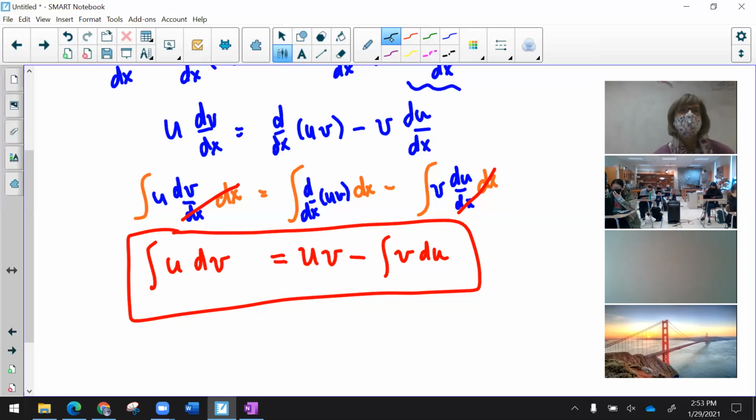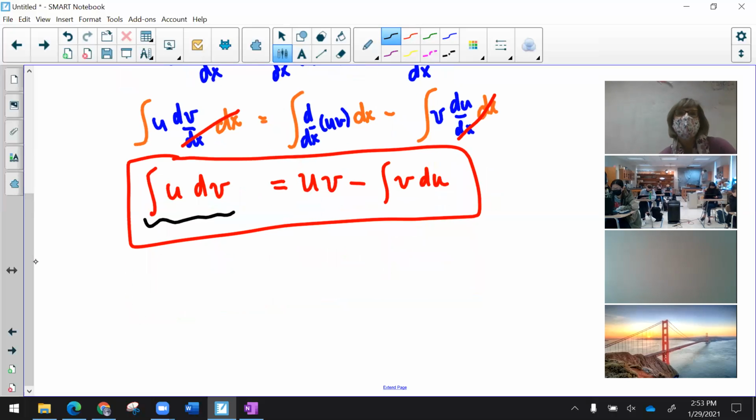So the way this works is that the integral of u dv is the thing you're given. Somebody says, here's an integral, solve it, and what you are being handed is an integral of u dv. You'll take part of it and make it into a u, and you'll take part of it and make it into a v, and then you do some things to it so that you can use this formula.